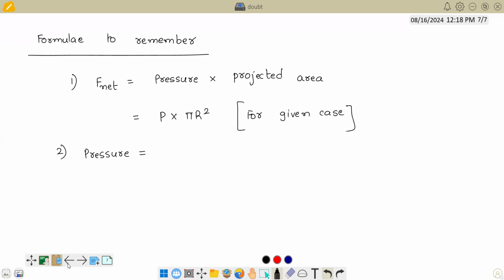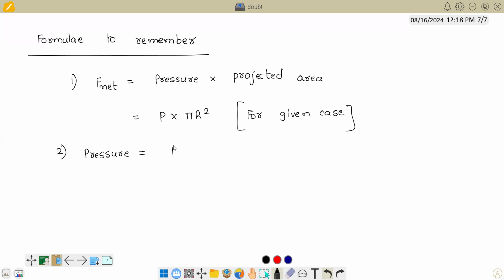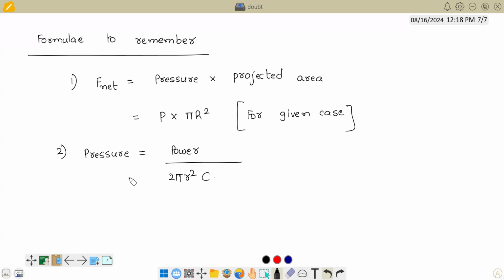The formula for pressure that we got is power by 2 pi r square into c. So this is the formula for pressure acting at a location. This is only for a perfectly reflecting surface.